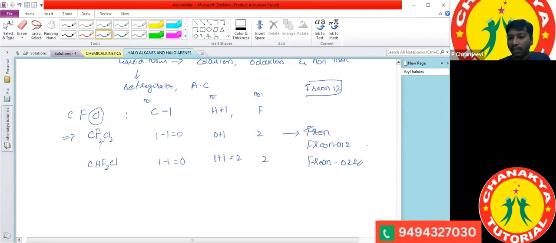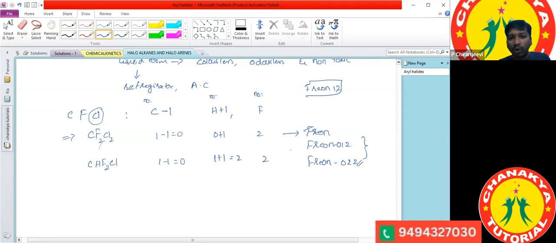So based on nomenclature, they ask questions in the examination. Actually, if the chlorofluorocarbons increase in the atmospheric air, what happens? What is the main disadvantage? They deplete the ozone layer.